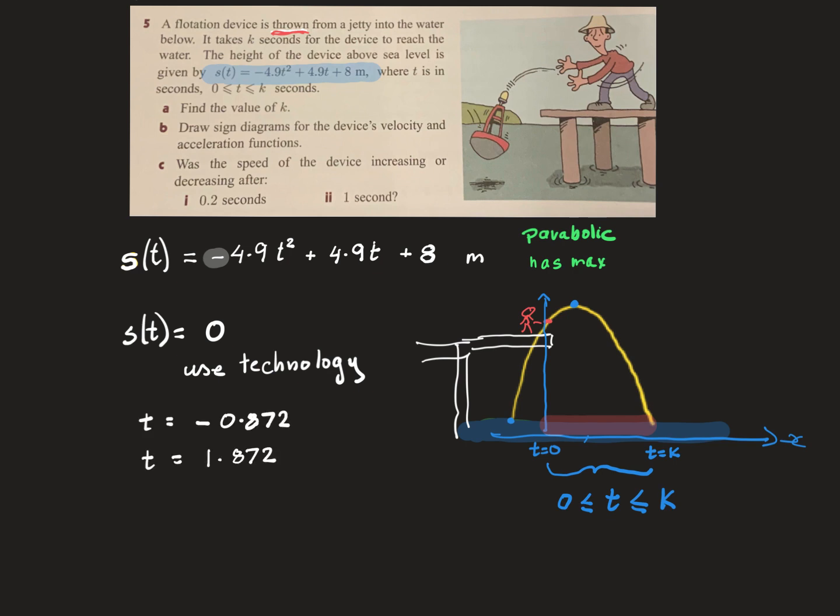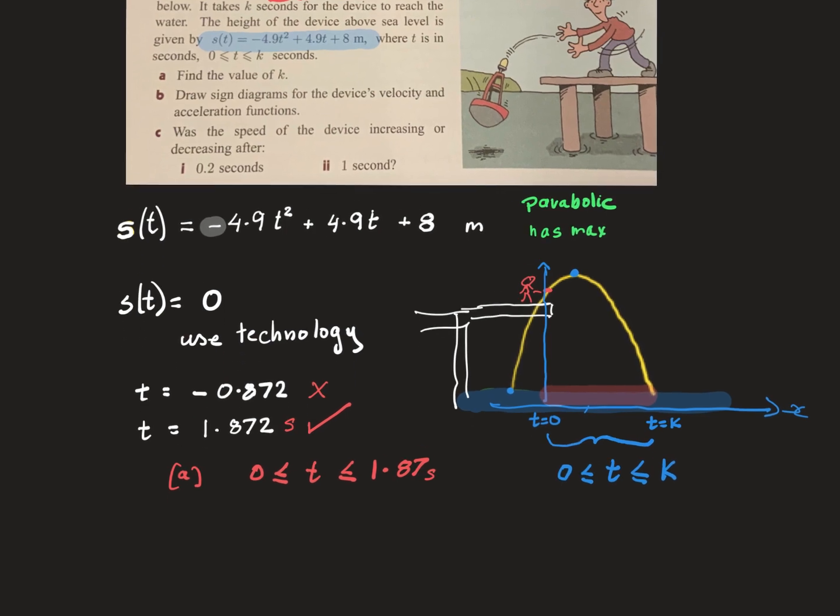One of them is going to be negative, and we can't use that value because you cannot have negative time, but we can use the second value, which is 1.872 seconds. And our answer to this question, A, is going to be 0 is less than or equal to t, which is less than or equal to 1.87 seconds.